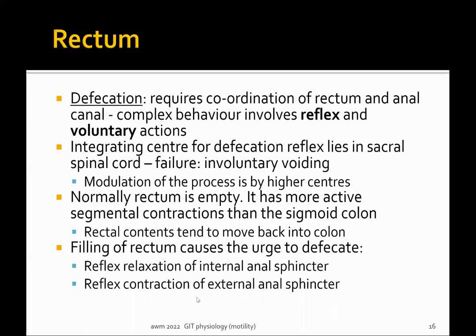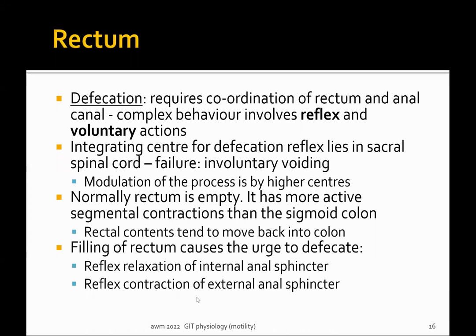But at that point, one, you get reflex relaxation of the internal sphincter, because it's also going to dilate. Remember, the internal anal sphincter is innervated by the enteric nervous system. But you have reflex contraction of the external anal sphincter.